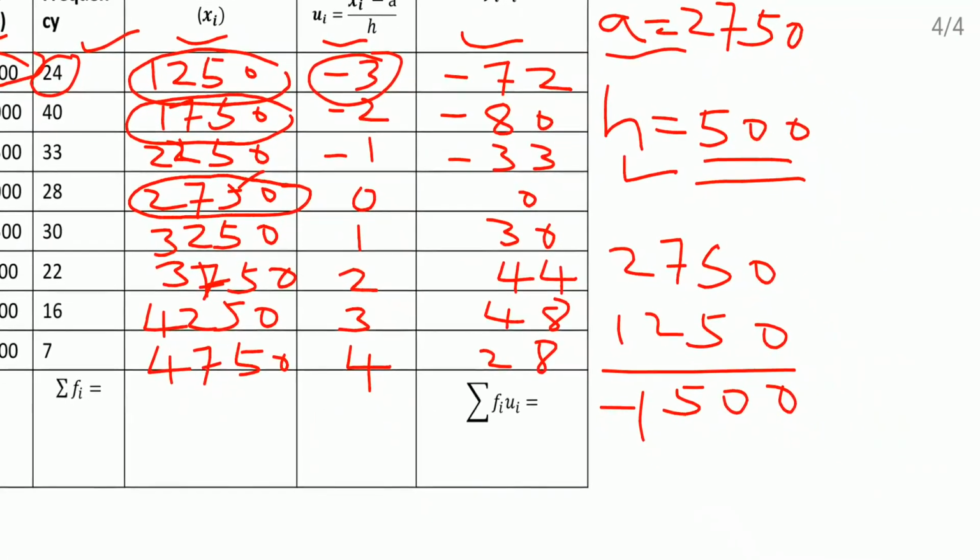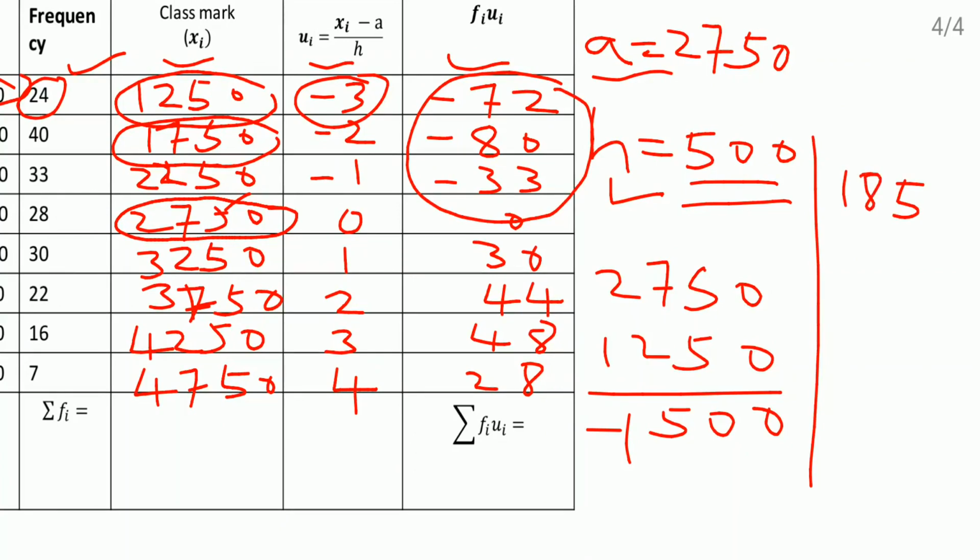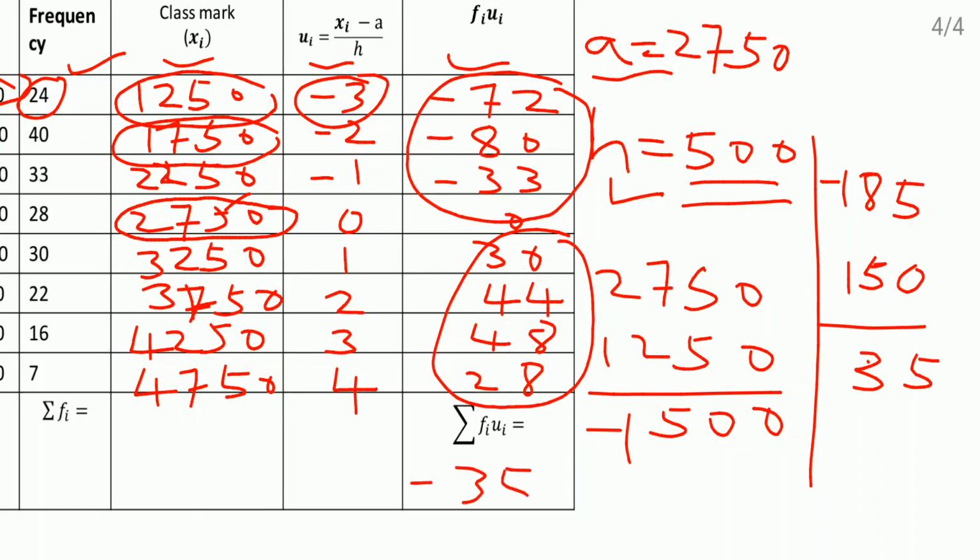Now look at this. The addition of these three negative numbers is 72 plus 80 plus 33, which is 185. But this is negative. And the addition of these four positive numbers is 30 plus 44 plus 48 plus 28, which is 150. This one is plus. So the addition comes as minus 35.